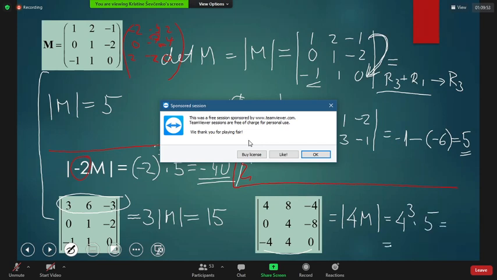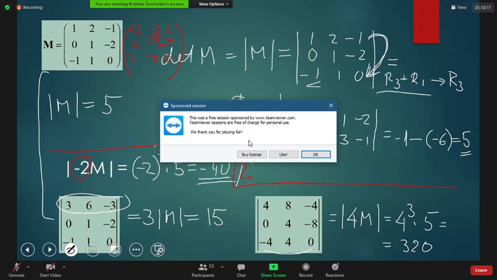And so we have 64 times 5, that's 320 in this case. So this is, let's say, just an exercise in finding the matrix determinants. If we know some determinant, how to get something else.